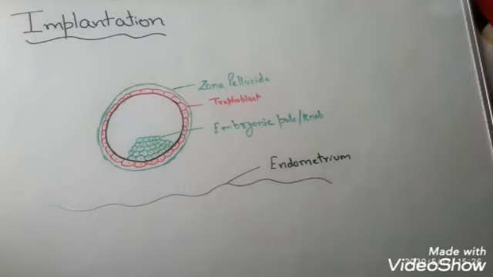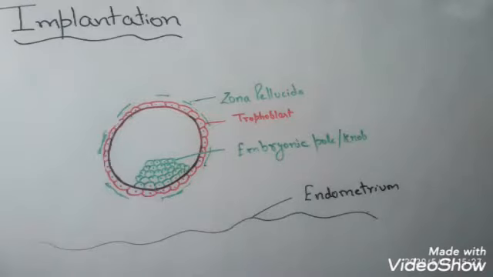As the blastocyst reaches the uterus, the first need is that the zona pellucida must undergo the process of degradation, as shown in the figure. As the zona pellucida gets degraded, the blastocyst becomes free, and this process is called hatching.